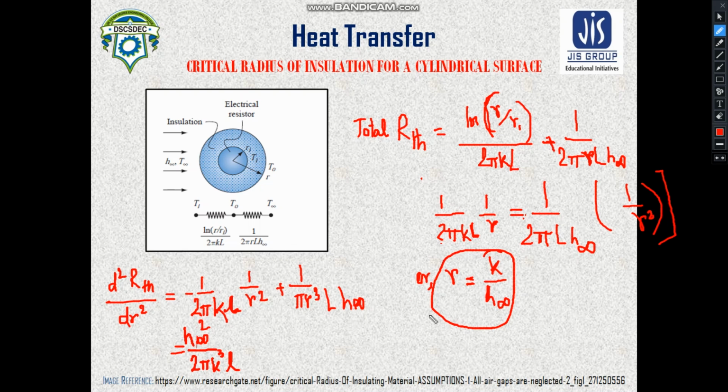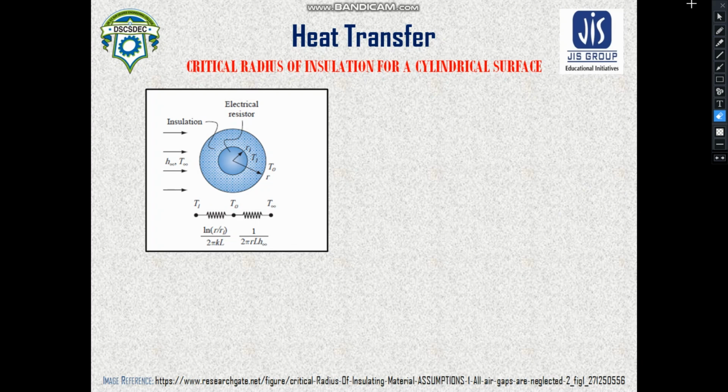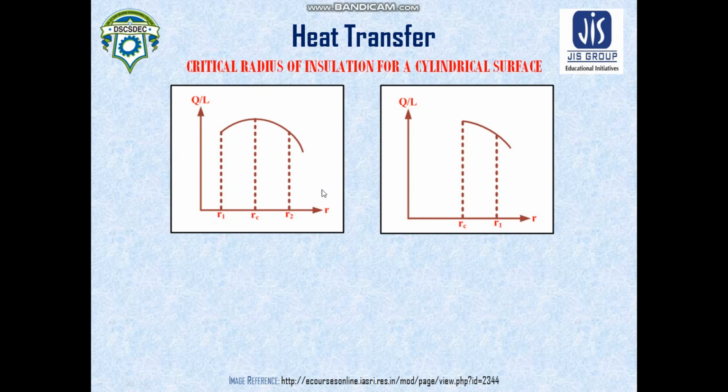Now, if you try to understand the characteristics of this critical radius of insulation, we need to understand the variation. Here you can see there are two specific graphs, intended for two specific cases. For the first case, you can see that this is your maximum and this is your minimum. What does this R1 indicate?